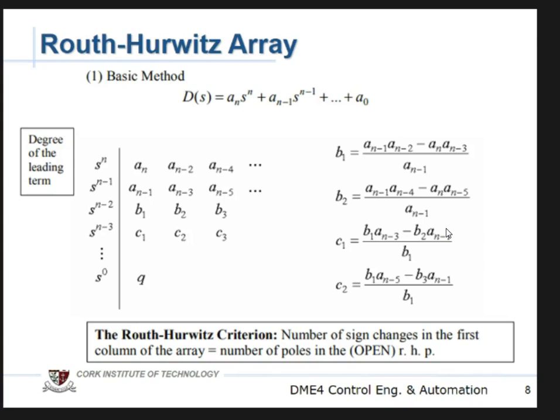But if you've forgotten that, don't worry. Try and think of it this way: b1 is calculated by this. So it's a n minus 1 times a n minus 2, this one by this one, minus this one by this one, divided by this one. So we're just applying this formula.